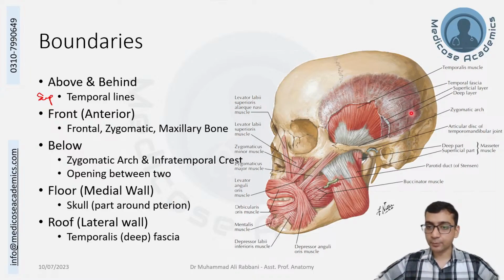So we have done anterior, posterior, superior, medial, lateral, and we are left with below. We are left with the structure below. Let me, okay, give me a second.